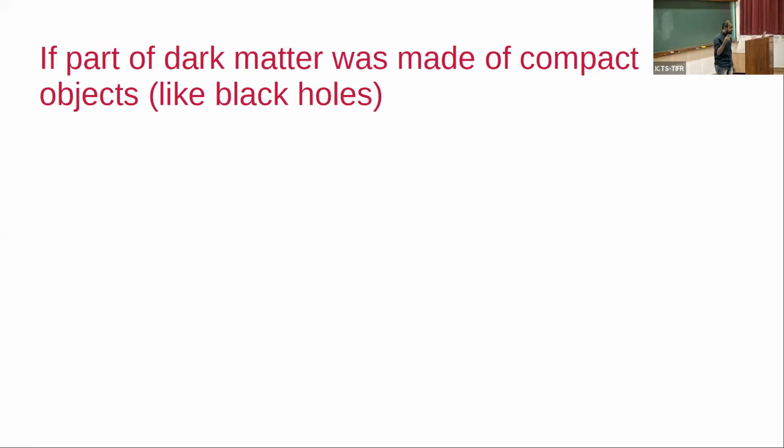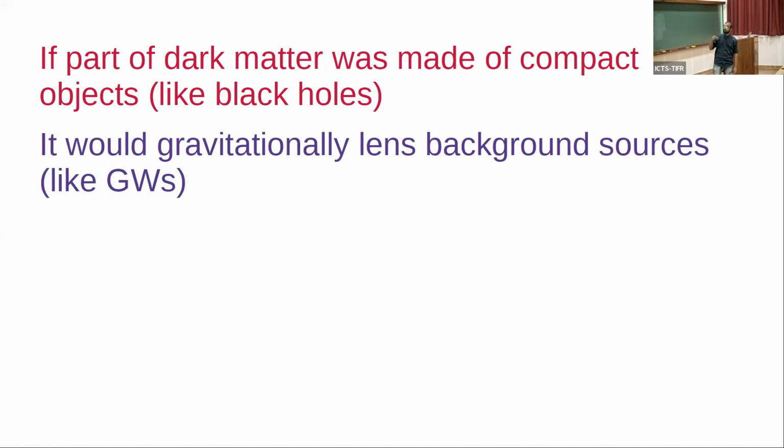So our universe is 25% dark matter, stuff which does not interact in any way other than gravity, so far that we know. So if part of this dark matter was made up of compact objects like black holes, it would lens background sources like gravitational waves. So what we will have is gravitational lensing of gravitational waves.